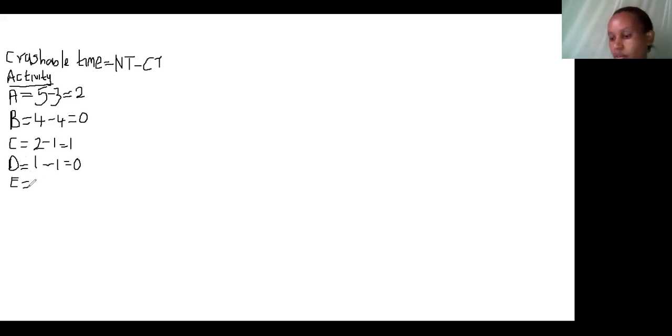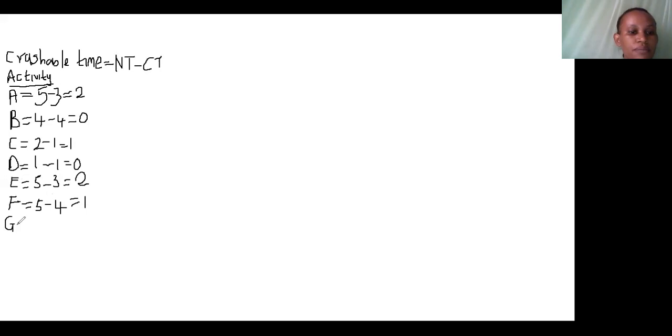Activity E has a normal time of 5 and a crush time of 3, so if we consider crushing it, we have 2 weeks to guide us. Activity F has 5 weeks as the normal time and a crush of 4 weeks, so the crushable time is 1.